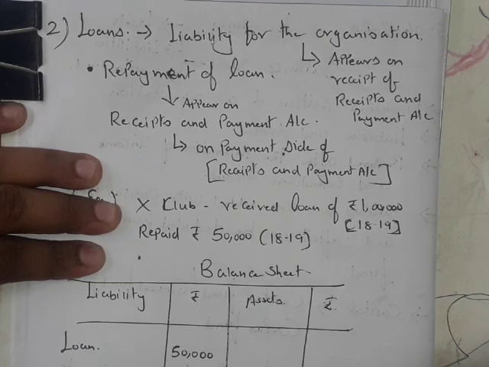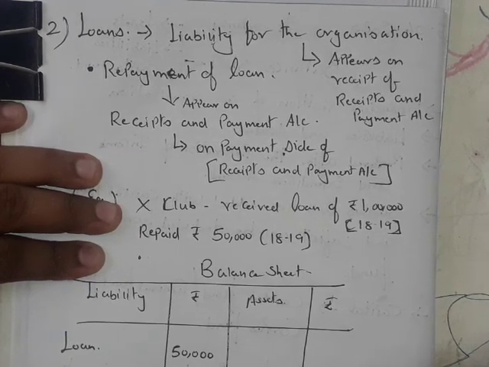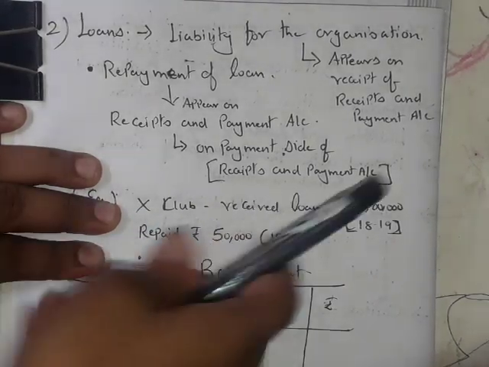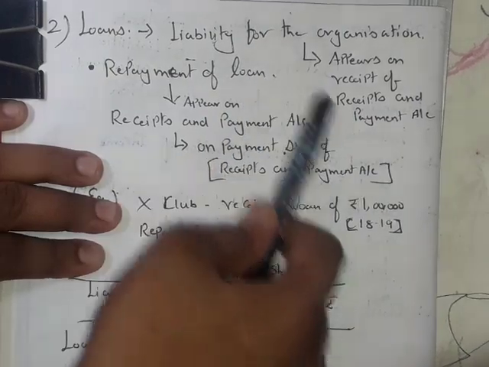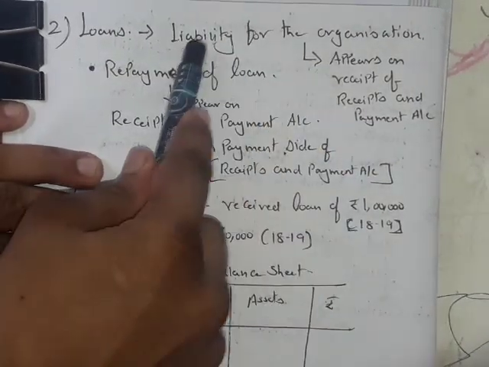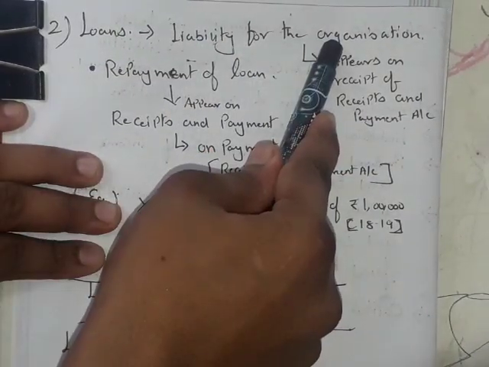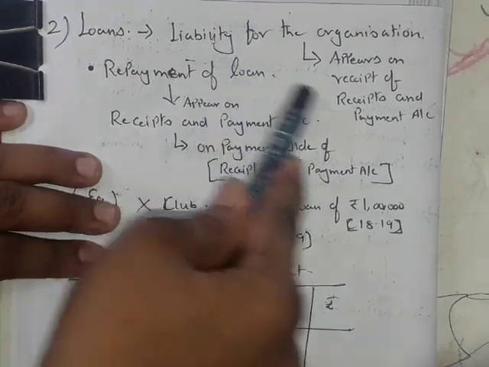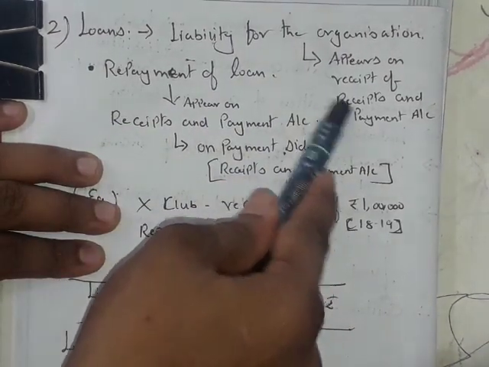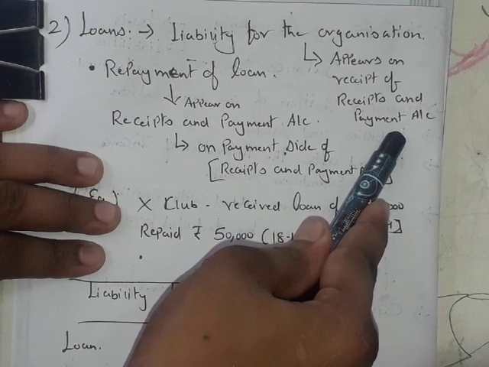But you need to show the amount of loan as a receipt because you have received it. You have realized the amount. That amount will be shown on the receipt side of our receipts and payment account. So this is the treatment. It is a liability for the organization, so it goes on the liability side of the balance sheet, and since you received it, it will appear as a receipt on the receipt side of your receipts and payment account.